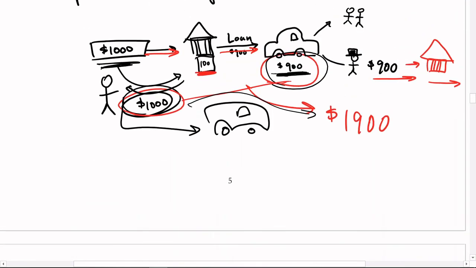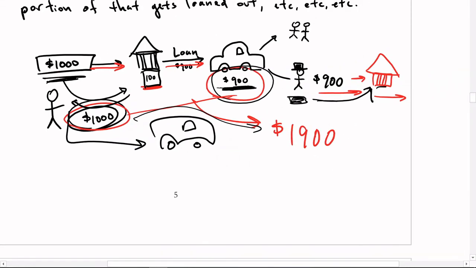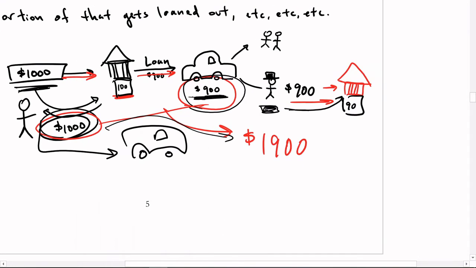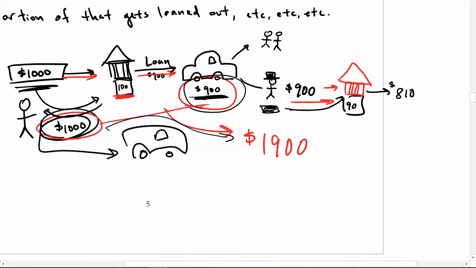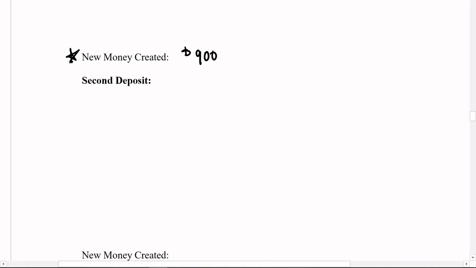Okay, and now we are going to look at this scenario where this car dealer with his top hat goes and deposits that $900 into the bank. That bank, again, keeps $90, 10% of 900, and the rest of it, 900 minus 90 is 810, they're going to lend out again to some more customers. So that's what's happening here in the second deposit.